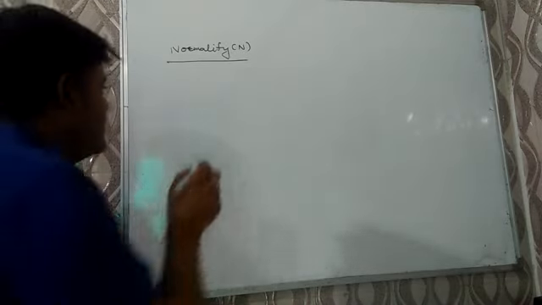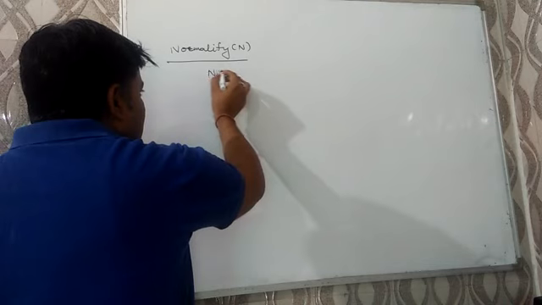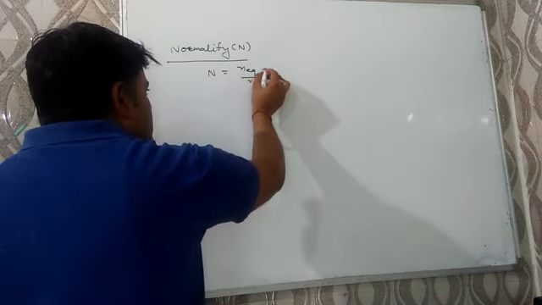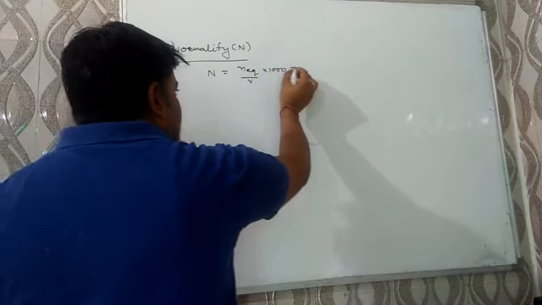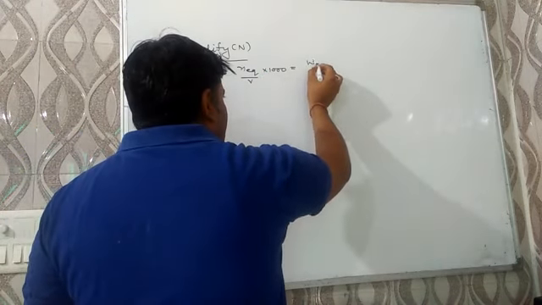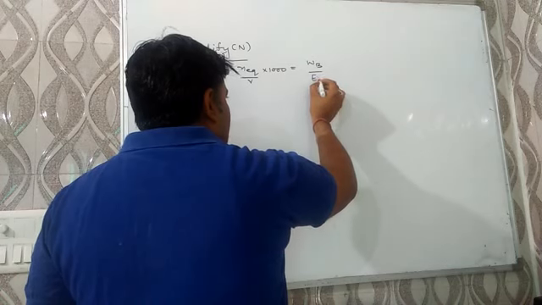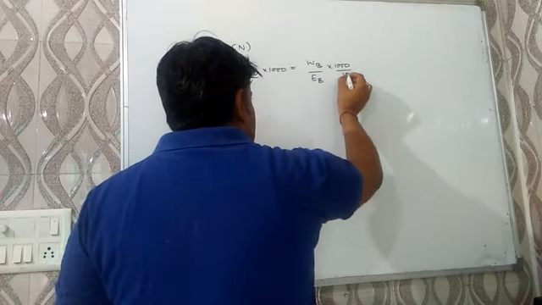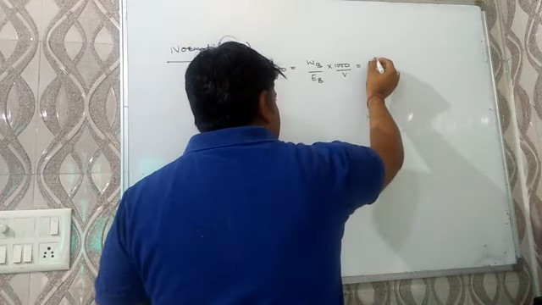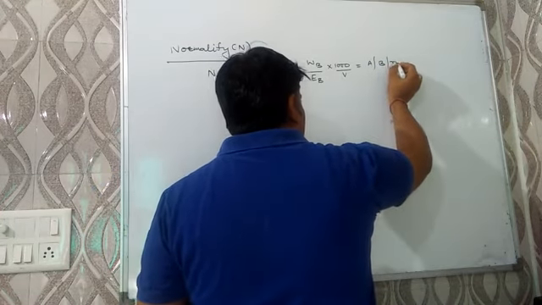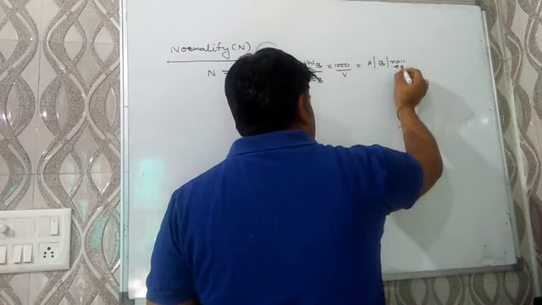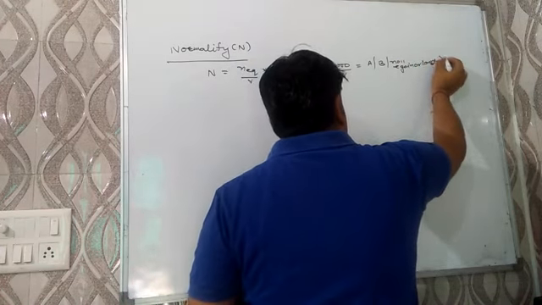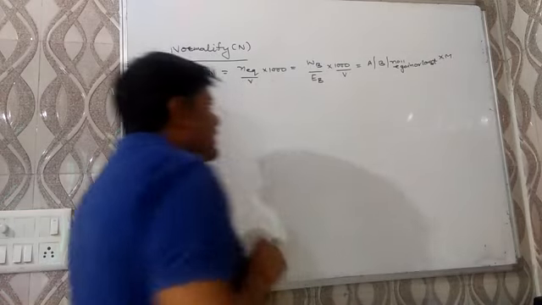Mathematically, normality is equal to NEQ over V into 1000, or equal to WB over EB into 1000 over V, and that is equal to acidity or basicity or number of electrons gained or lost into molarity, or we can say n factor into molarity.